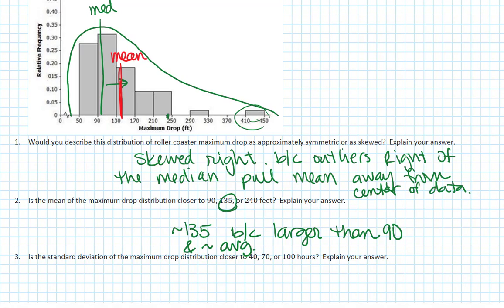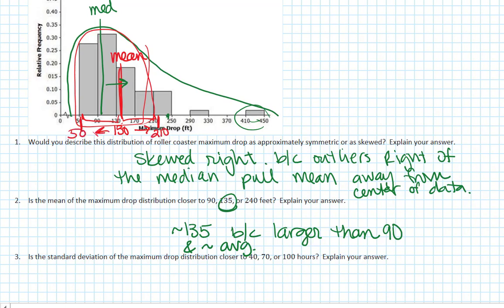From that 135, it looks like most of my data lies within this bulk right here, because that looks like it describes about 70% of that value, or most of the area under that curve. So according to that, if that's 135, it looks like I went all the way up to 210, and then I went down to about 50.